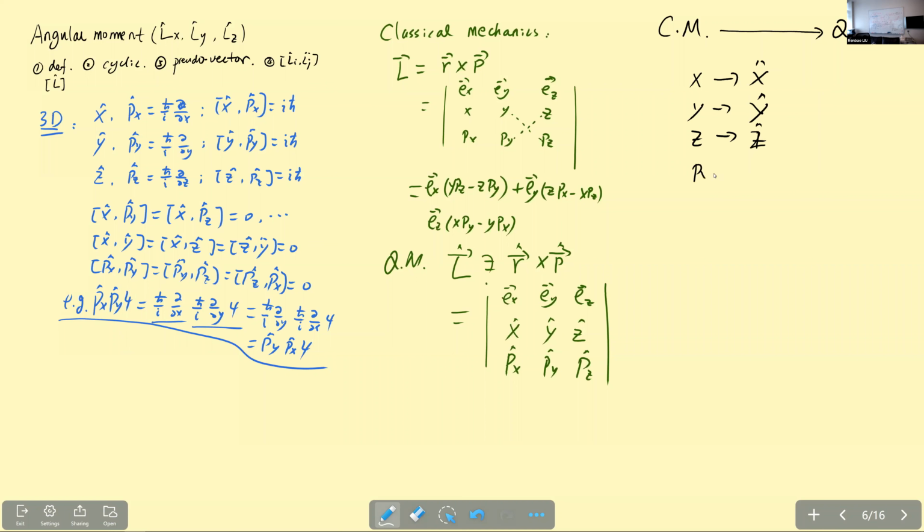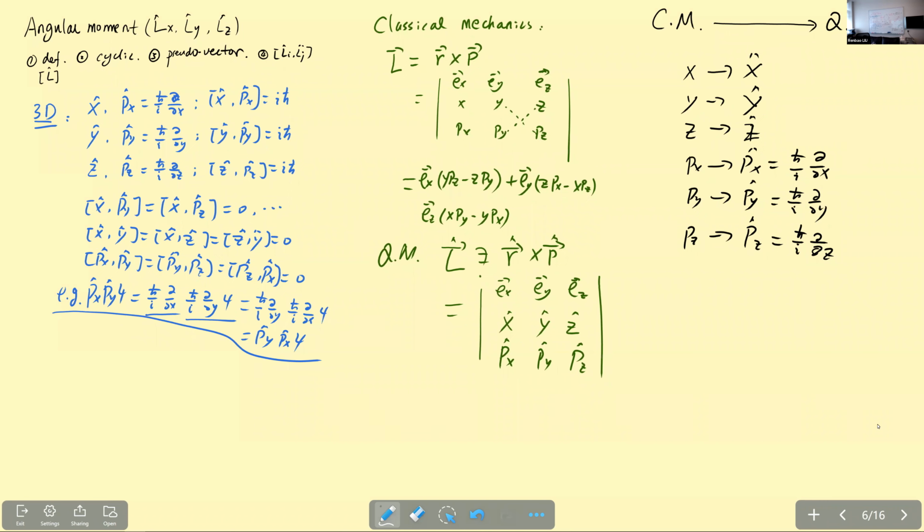And PX into the operator, which equals h bar over i partial X. PY becomes an operator. All of this is good. But we cannot do this arbitrarily.